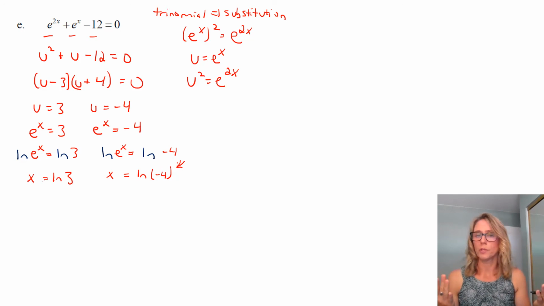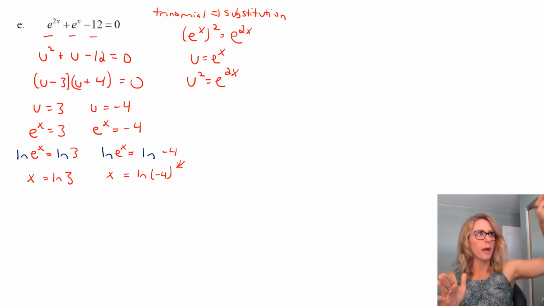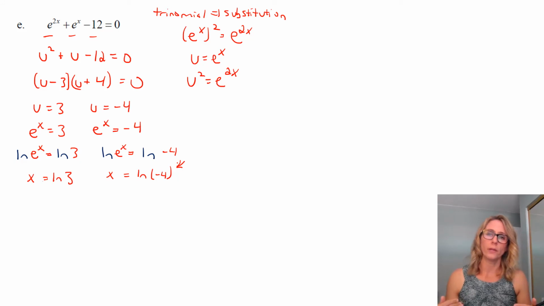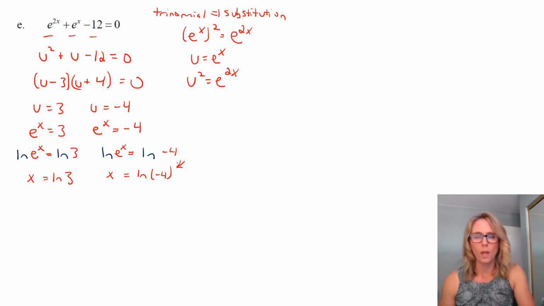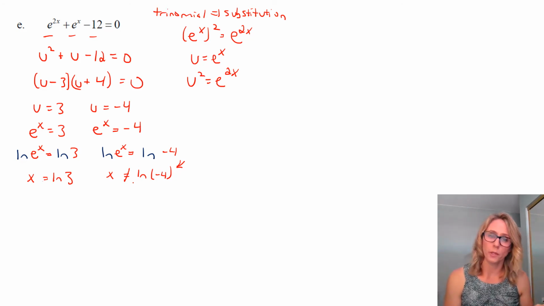If you think about the graph of e to the x, which is very similar to 2 to the x, 3 to the x, it doesn't have any negative y values. There's no value of x that you can put in that's going to give you something negative. So there is no solution to the ln of negative 4. And so this is just not a solution. That's all we have to understand.